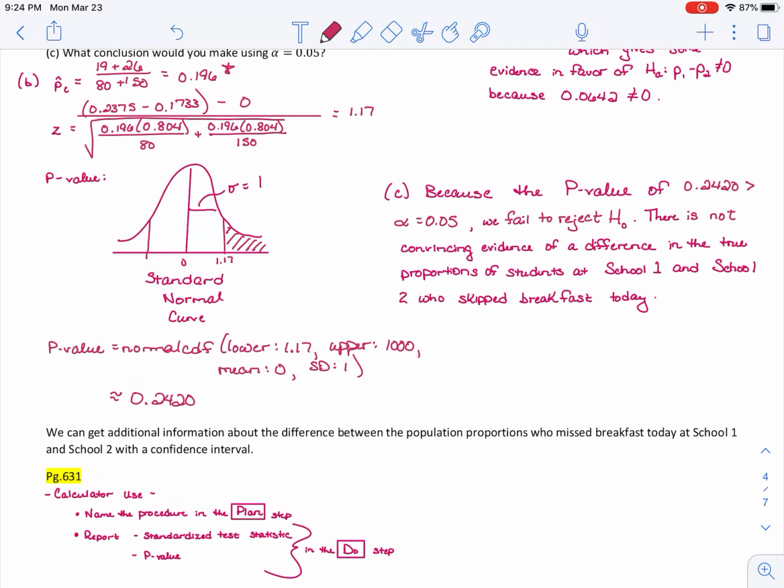It should have been also checking the area below negative 1.177. So this would have gotten me half of the true p-value. I would need to double this. But 0.2420 was the approximate p-value. Nothing else was wrong. I just didn't have my work completely accurate.